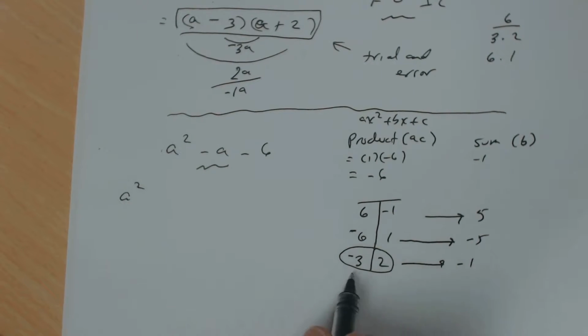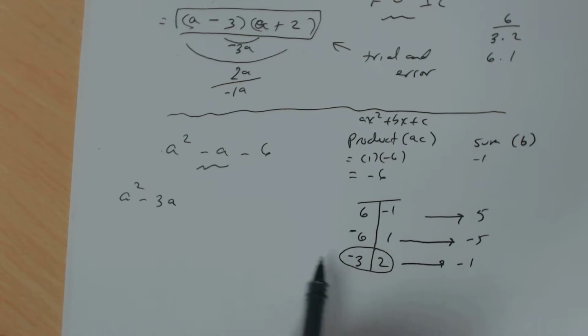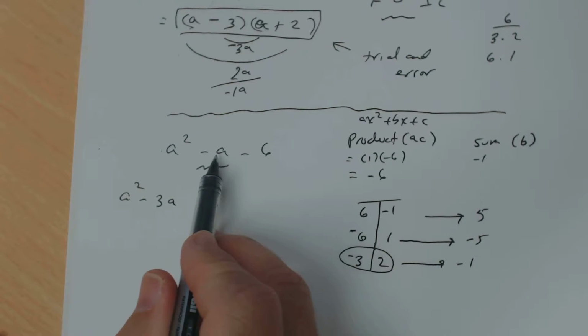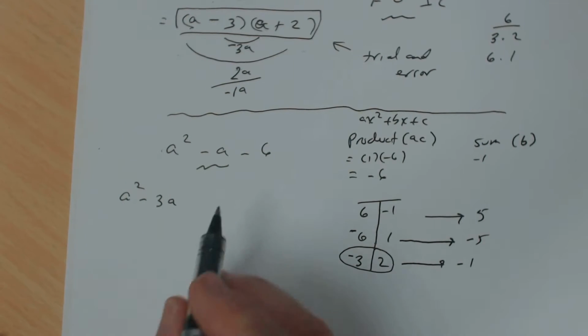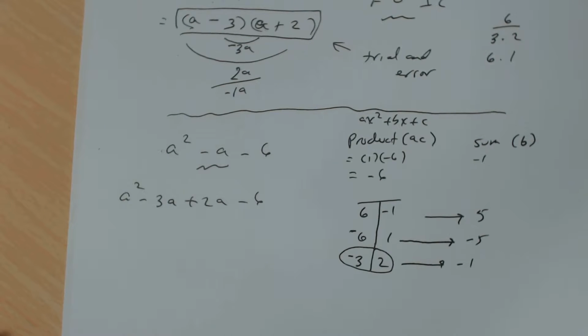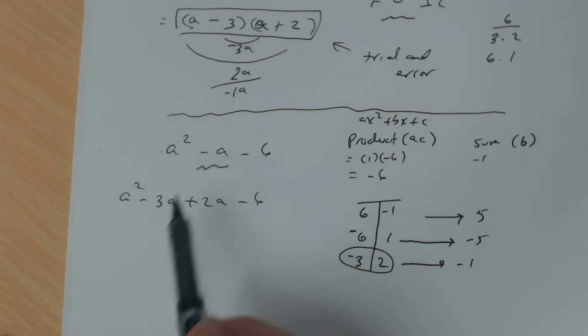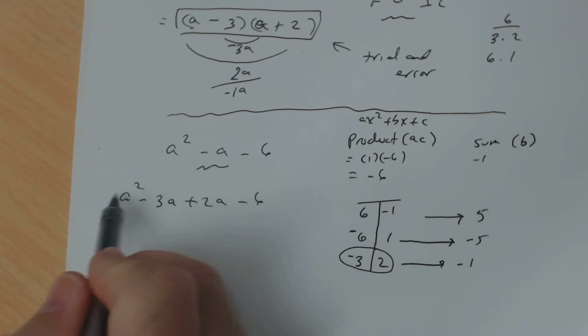So I get A squared minus 3A, and don't forget that I got to put A's with that middle term, plus 2A minus 6. And just check yourself, these two terms added up do give us this back. So this right here is the same as this.